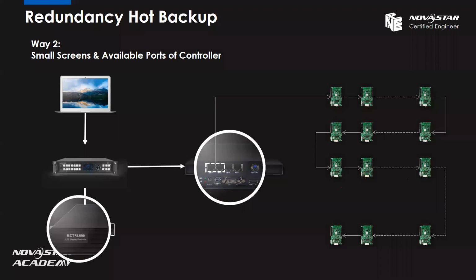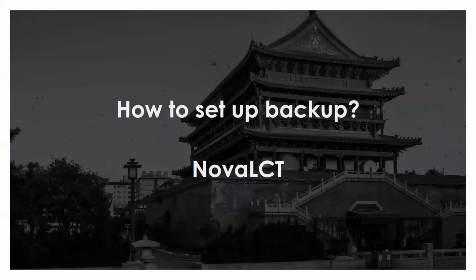So it's the same situation. We can connect the remaining two ports to the last panel of our screen to finish the redundancy job. These are the two different situations: big screens or small screens, big controllers or small controllers. Both can work. So let's go to the software configuration.